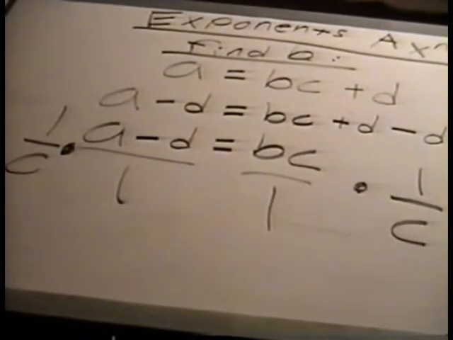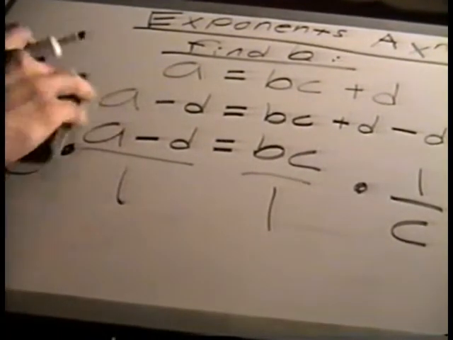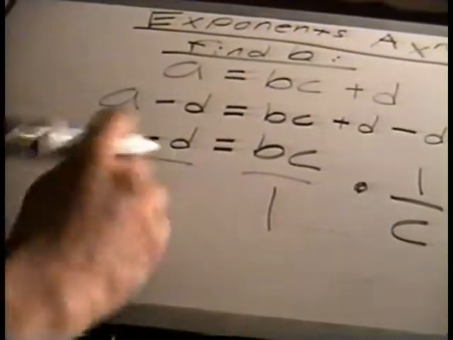Let's say we want to find b. We're going to add a negative c to both sides. Because c is positive, we're going to add its opposite to both sides of the equation.